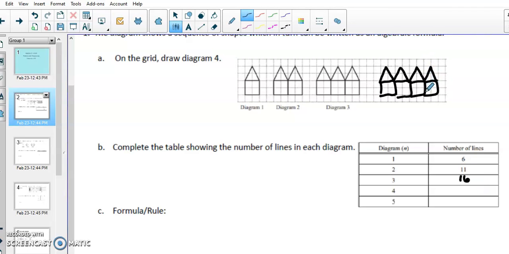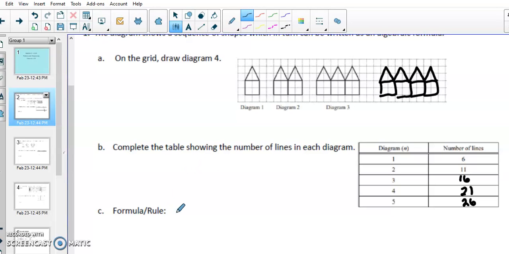Now we have 16 up to here, 17, 18, 19, 20, 21. I'm out of room. Can we figure out the pattern? Looks like we're just adding 5 each time, so that brings us to 26.